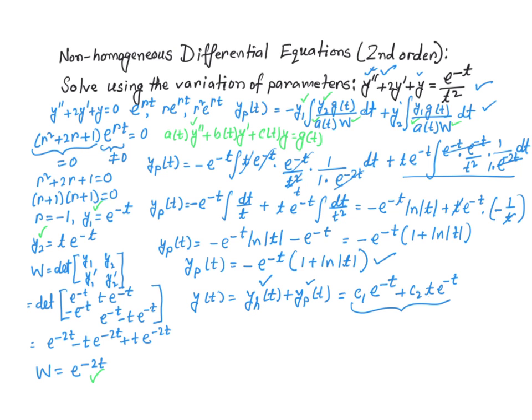Then plus the non-homogeneous or particular solution, which we found right here, negative e to the power negative t times 1 plus ln of absolute value of t. Okay, so the general solution is going to be y of t is equal to c1 e to the power negative t plus c2 t times e to the power negative t minus e to the power negative t times 1 plus ln of absolute value of t.